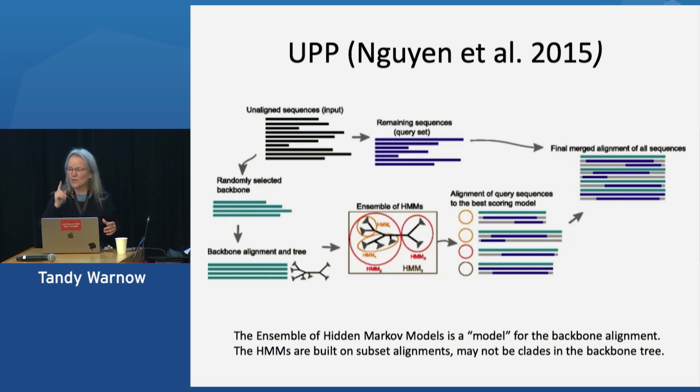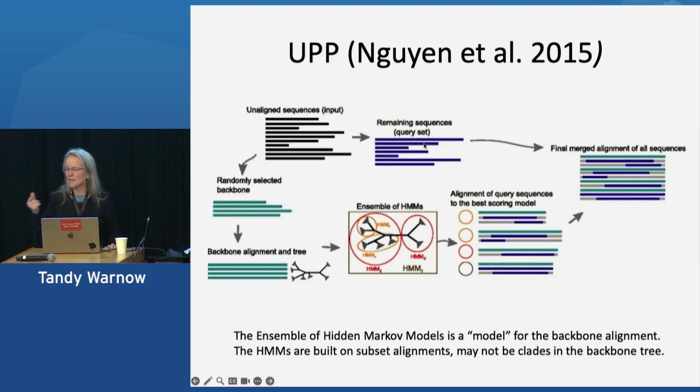So this is now a collection of hidden Markov models that represents that initial alignment. And the reason we're using this collection is that it's more accurate than a single HMM. And this is this thing we keep seeing, that when you have heterogeneity in your data set, a single HMM is not a great solution. It's not a great model. So when you have heterogeneity, you want to break it up into a collection. This collection of HMMs is then used to add the remaining sequences.